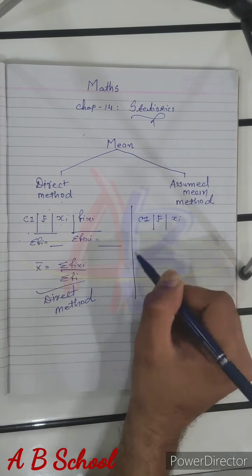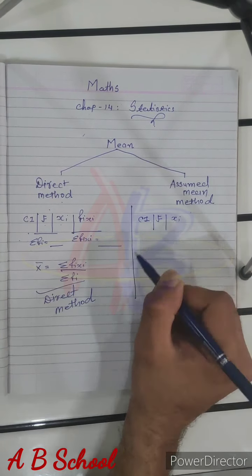After getting this, the formula is x bar is equal to A plus summation fi di upon summation fi. This is called assumed mean method. So these two methods we have already seen.